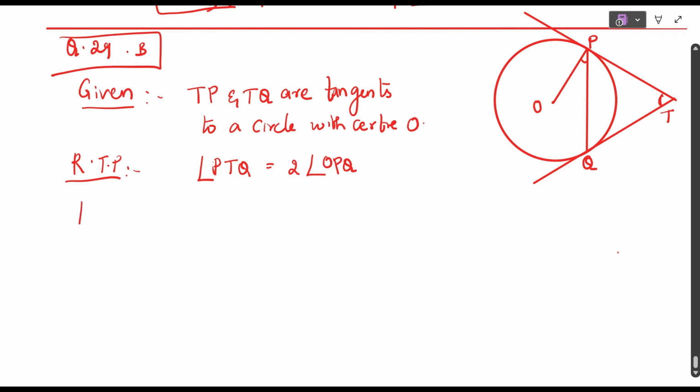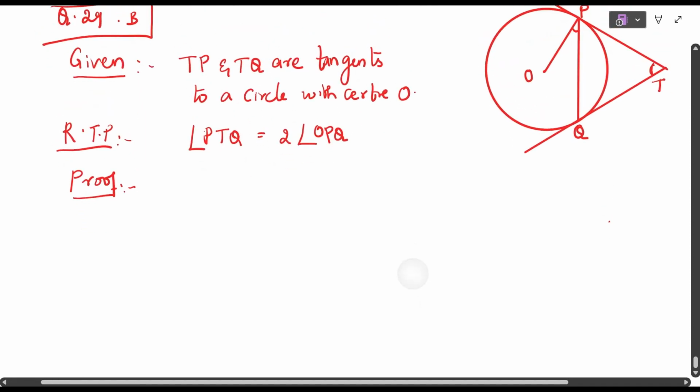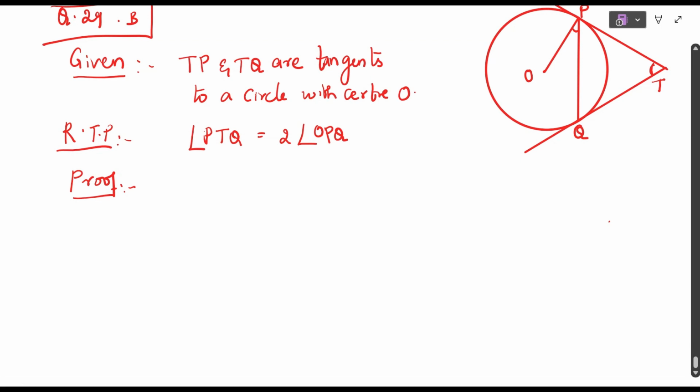So let us start the proof here, students. You have to write the steps like this. If you observe the diagram carefully, here point P is the point of contact for the radius OP and tangent PT, right? So angle OPT will be equal to 90 degrees, angle at a point of contact.